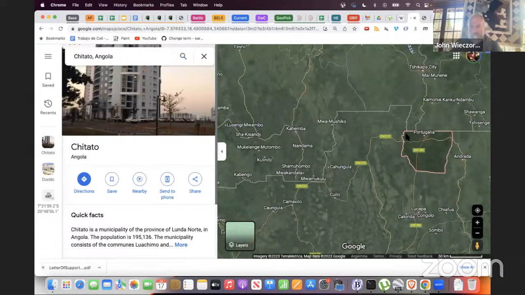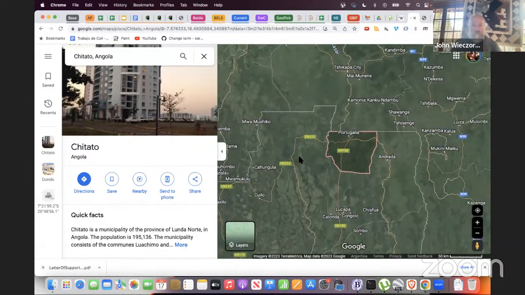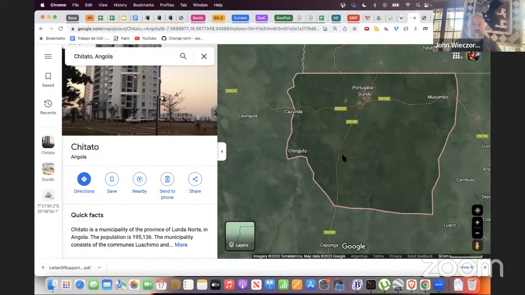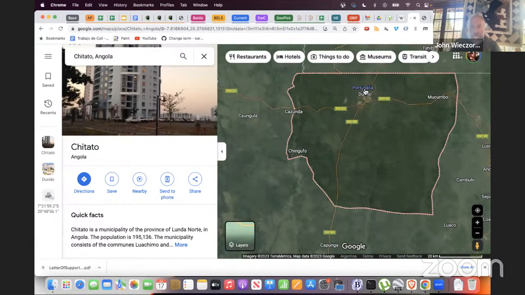And Chitato is bigger and contains Dundo. So Chitato was an administrative division in Angola at the level of a municipality, whereas Dundo was smaller still. It was a city or a town inside of the level called a municipality, which takes up this entire geographic region. So my more specific part of the locality description was this, Dundo.